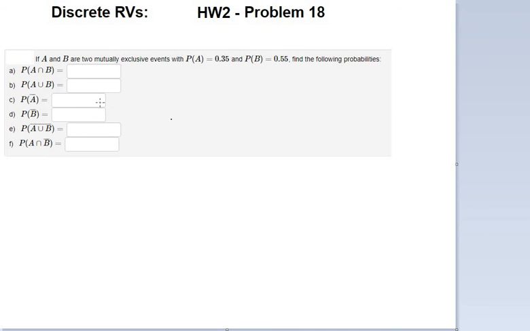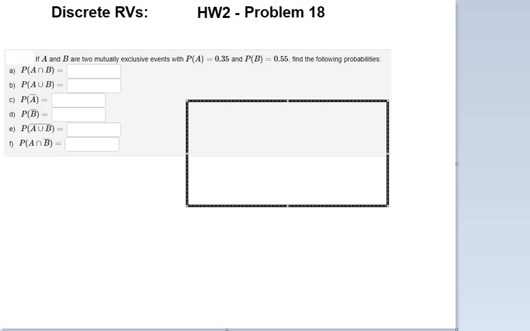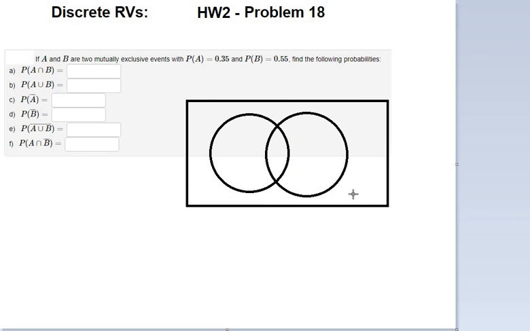Problem number 18. If A and B are mutually exclusive events with probability of A is 0.35 and probability of B is 0.55, find the following probabilities. Let's make a Venn diagram before we start. We were given that probability of A is 35%, probability of B is 55%.